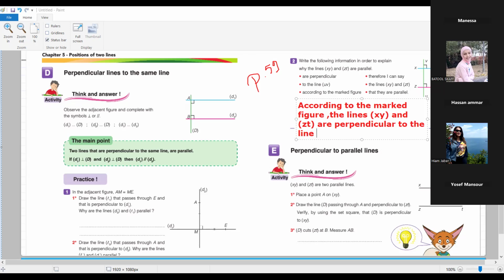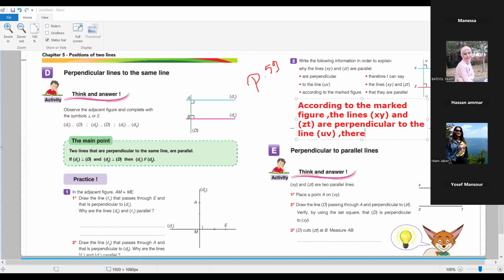How did I know they are perpendicular? Because they put 90 degrees for me, and this is a given. They give me this information from the figure. So I can consider it given, and I can say that they are perpendicular to the line UV.